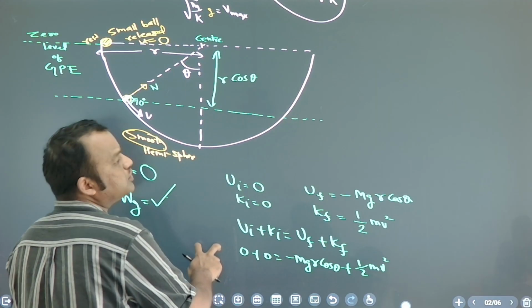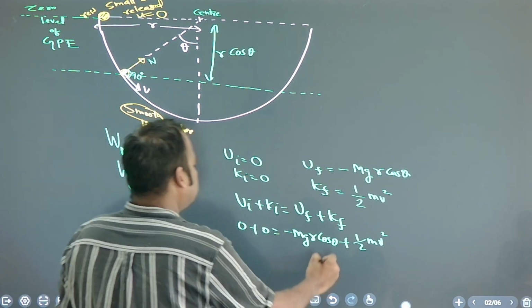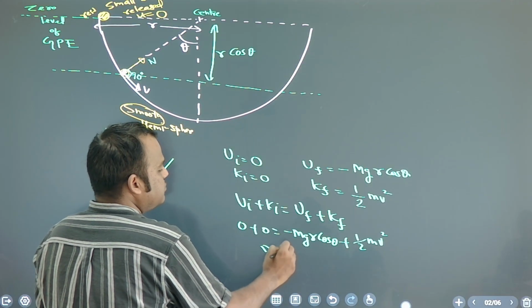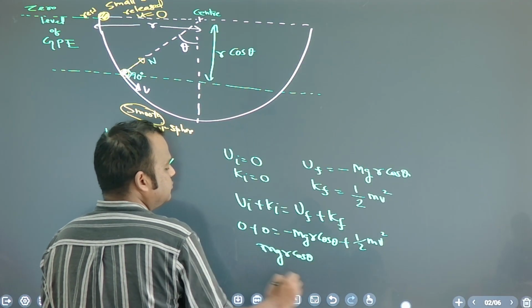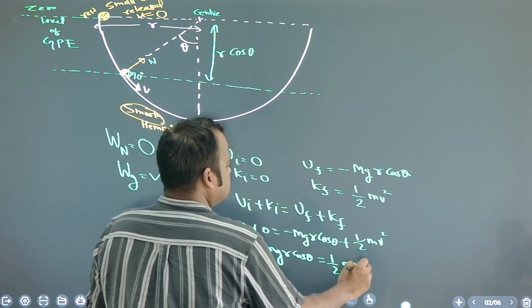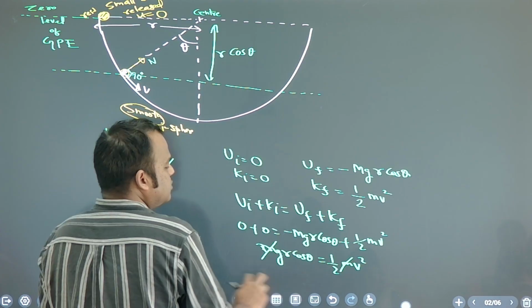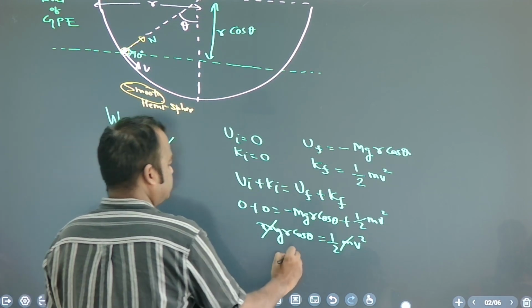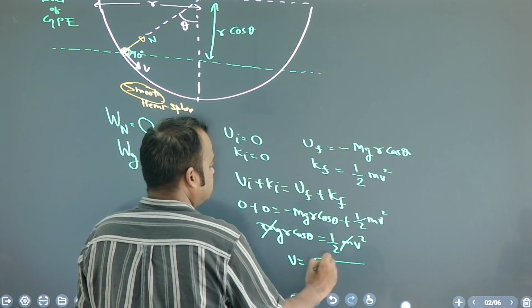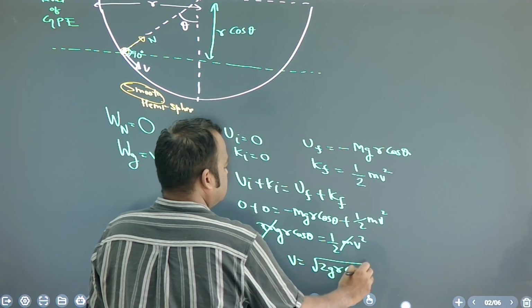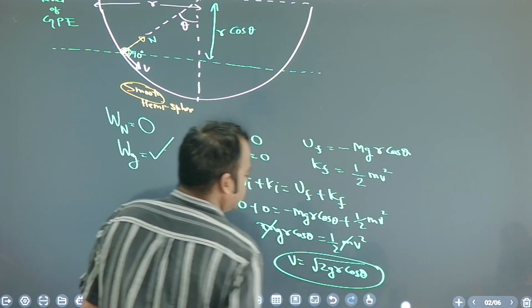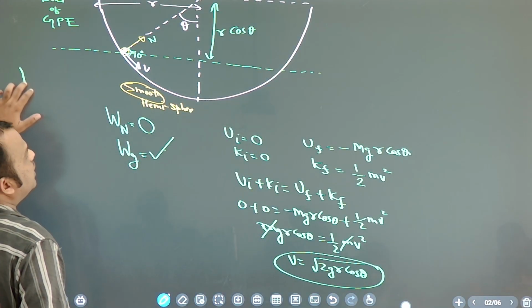Okay, clear, understood? So mgR cos theta equals half mv square, m cancels. So what is v? Square root of 2gR cos theta.